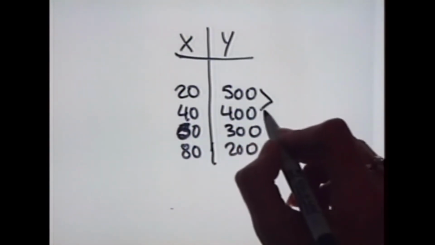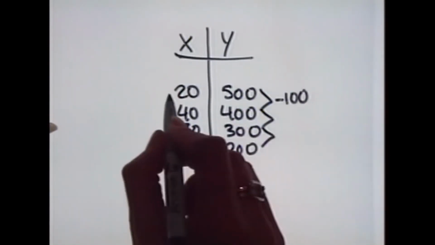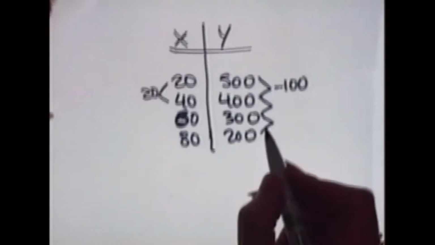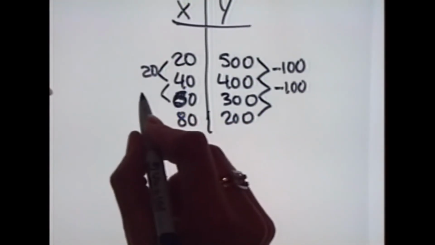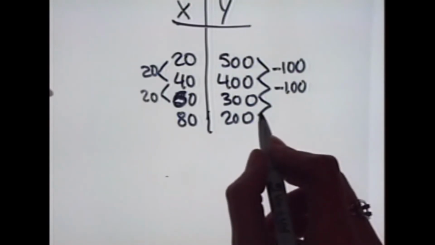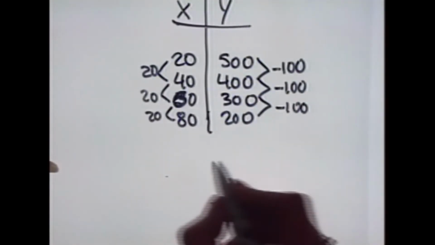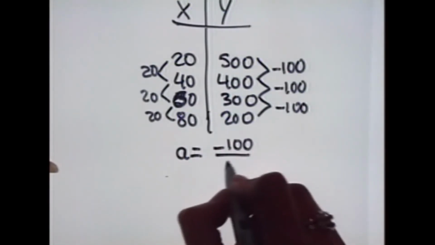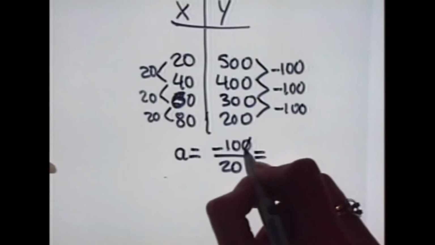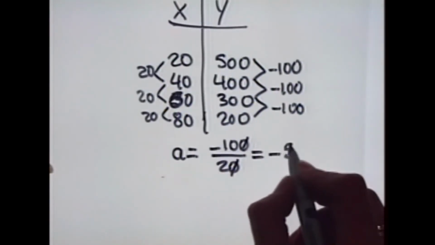Well, we saw that the change in y is negative 100. The change in x is always 20. Here we have a change of negative 100 and a change of 20. One more time, negative 100 and 20. So our a value, the slope, is negative 100 to 20. But if we simplify that, we have negative 10 over 2, that's a negative 5.